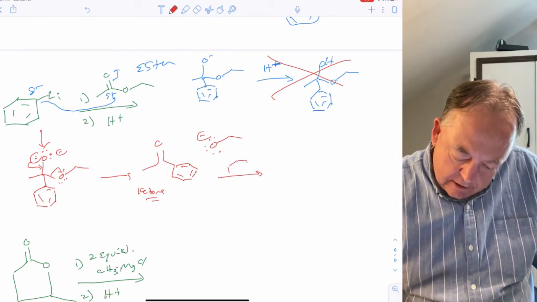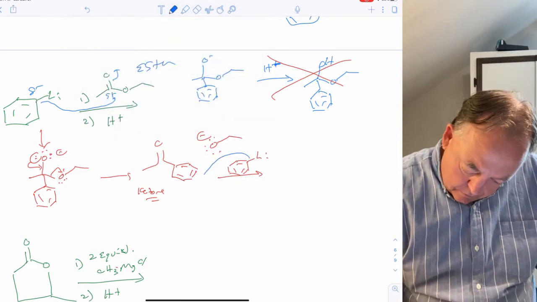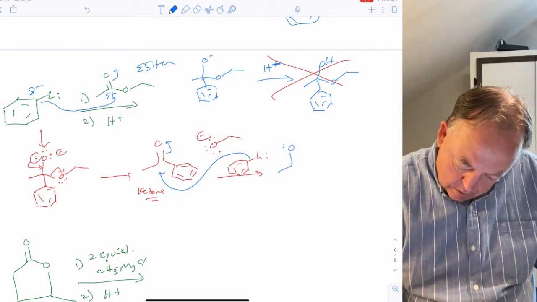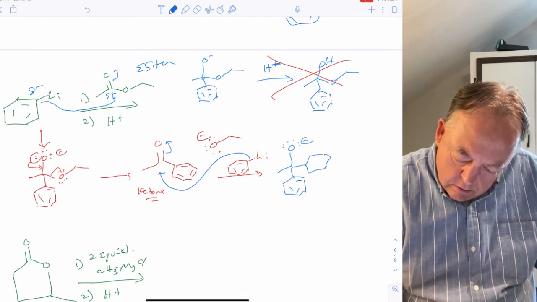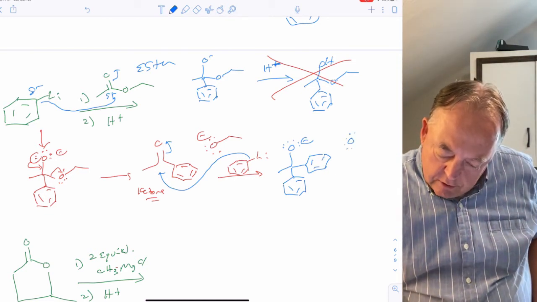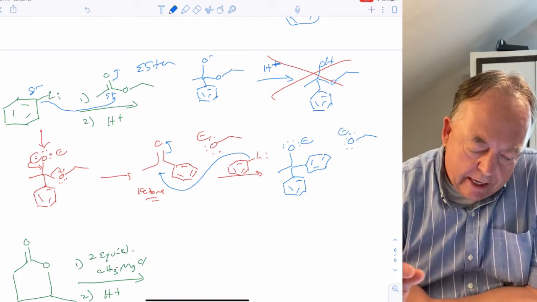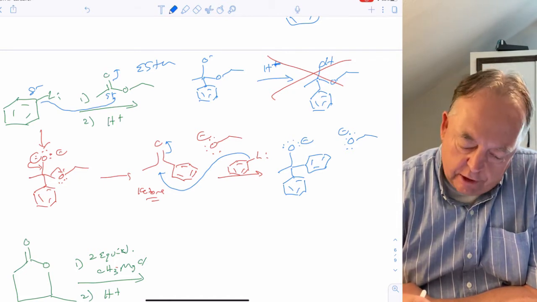So as soon as you made this, it would react again. So another equivalent reacts. Makes O minus again. And you still have this floating around in solution. So if you have an ester, you add two equivalents of the organolithium reagent or the organomagnesium reagent.